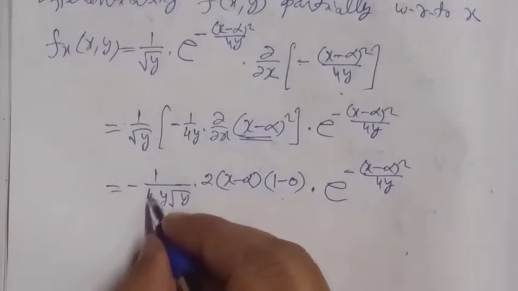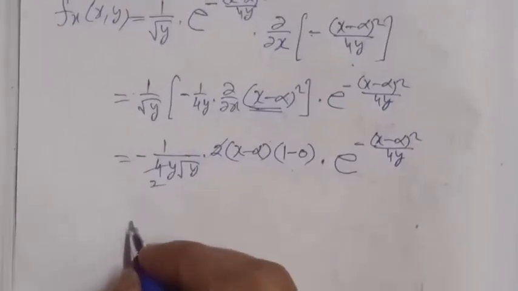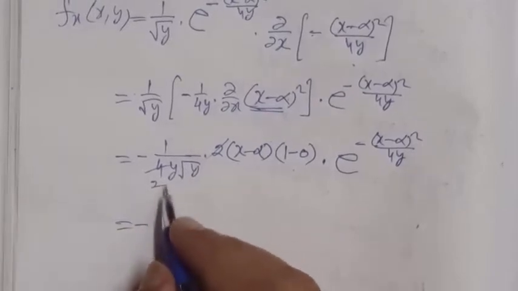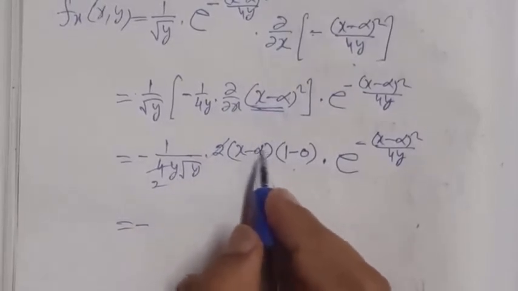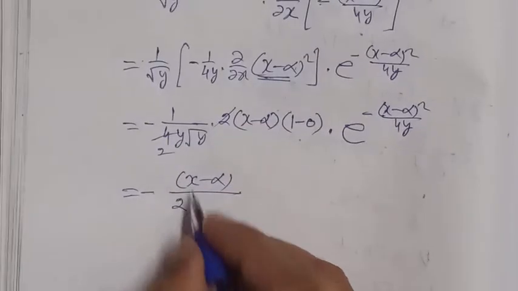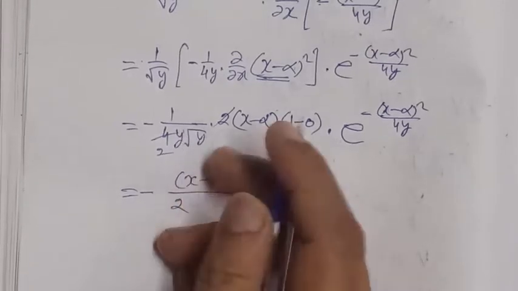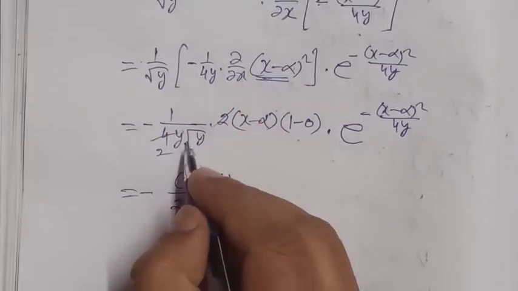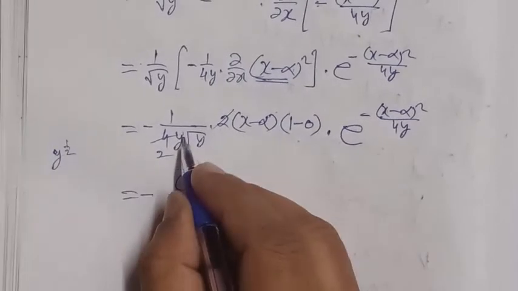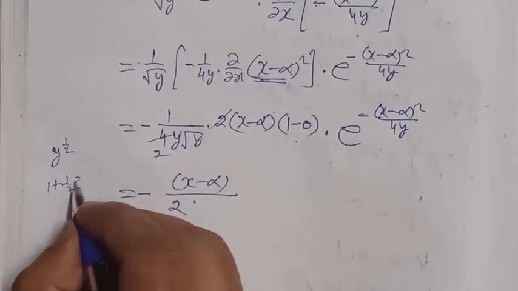We cancel out 4 by 2, we get minus (x minus alpha) upon 2, multiplied by 1. The degree of y here is 1, and when we take off the bracket, we get y to the power 1 by 2, and multiplying, 1 plus 1/2 is y to the power 1.5, which is 3 by 2.